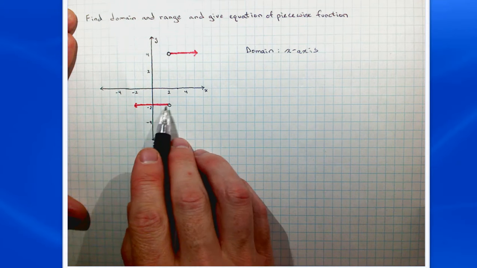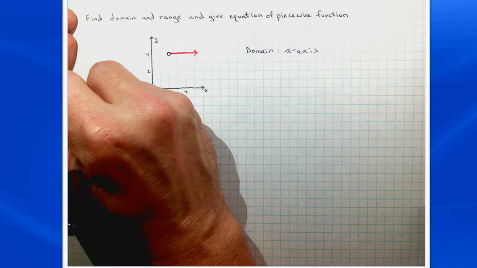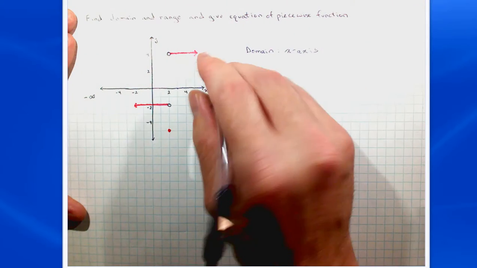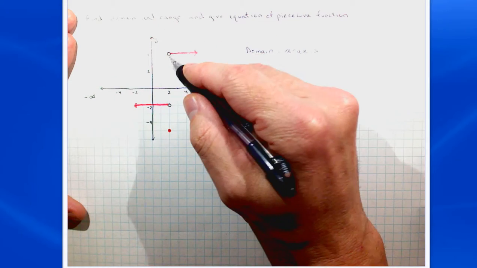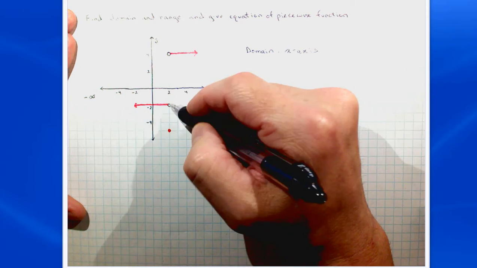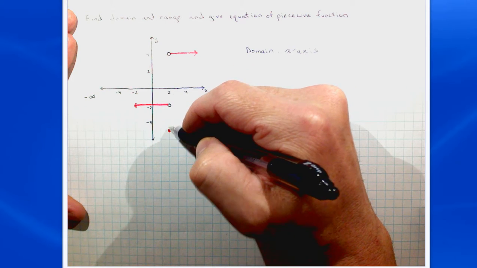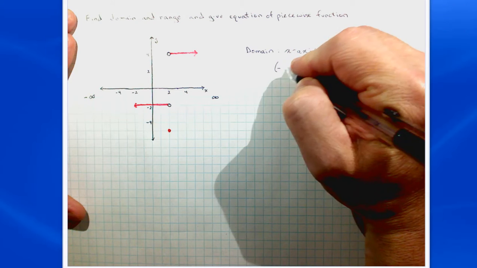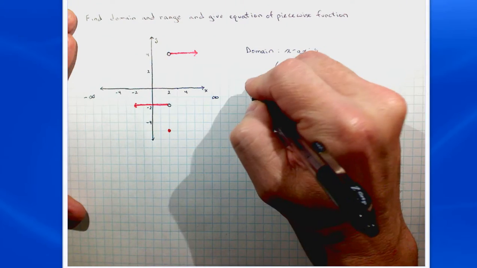Well, yes, this line extends all the way over here, so I know I'm going to negative infinity, and this line just keeps going, so I know I will be going to positive infinity. Now, with it being a piecewise, I need to make sure that where these are pieced together, I at least have a closed circle in one of those, and I do. So my domain will cover all values of x from negative infinity to positive infinity.